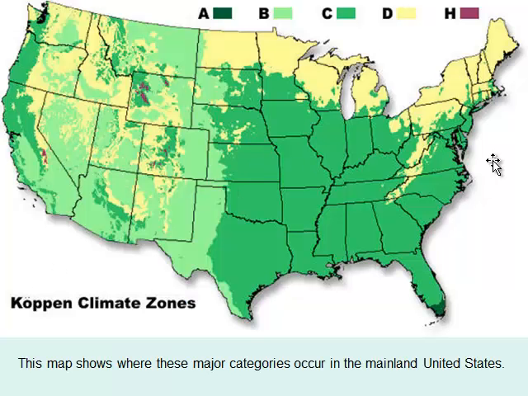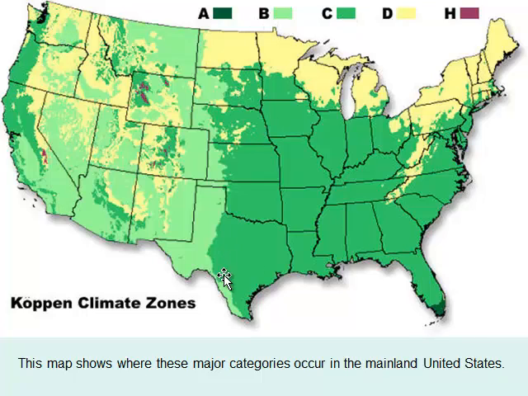So if we look at the US, we see 5 different climate zones: A, B, C, D, and H. Each of these, I'm going to go through in detail in the next few slides, but you can see A is this dark green, which we don't have a whole lot of. B is the lighter green that we see throughout the west.